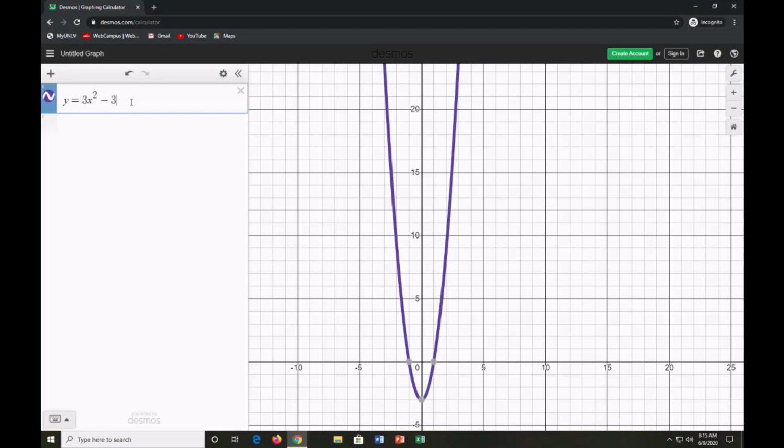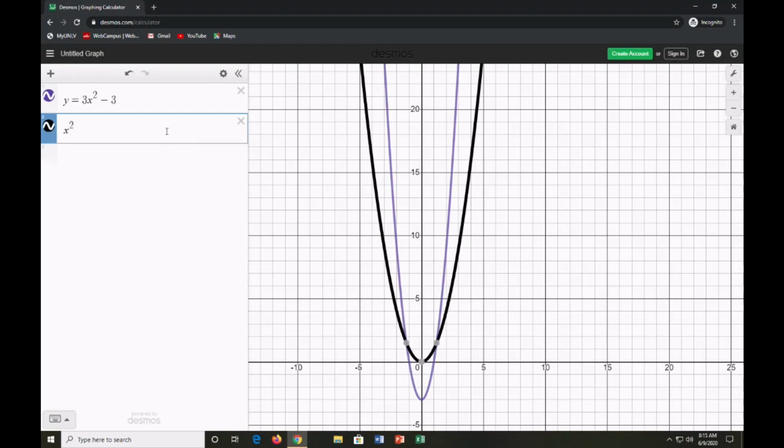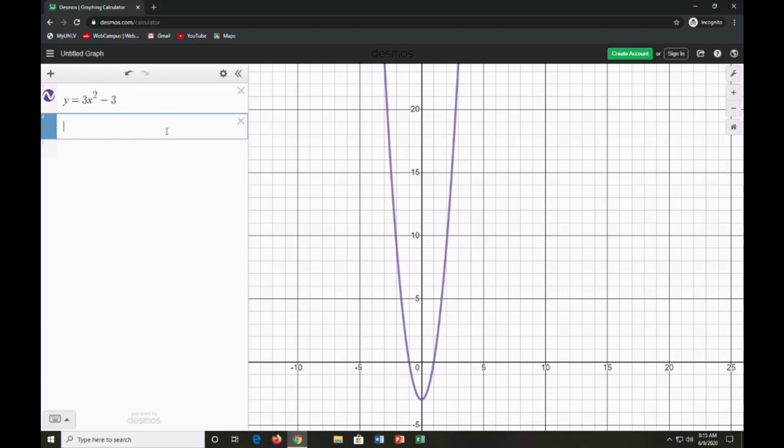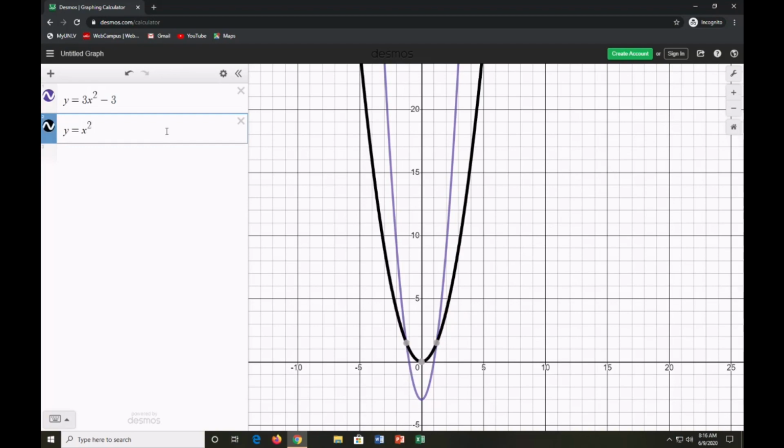Let me remind you, this 3 stretches the graph. We can quickly explore different situations to make a point. So suppose I get rid of the coefficient 3 and just say x squared minus 3.